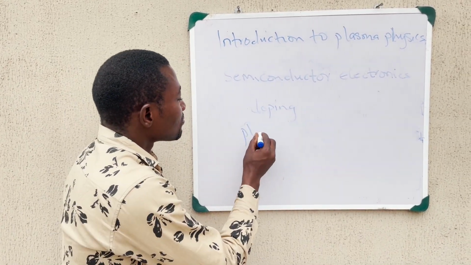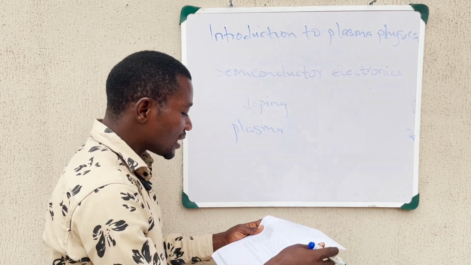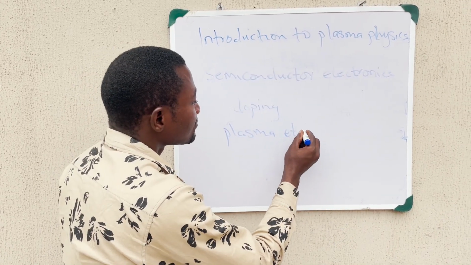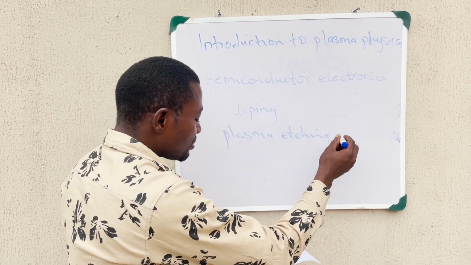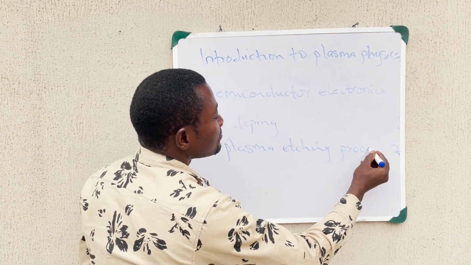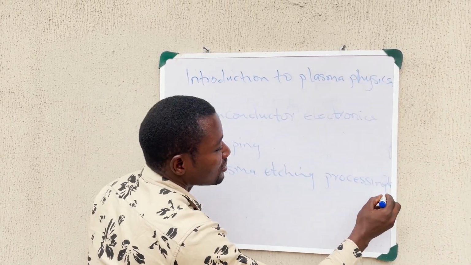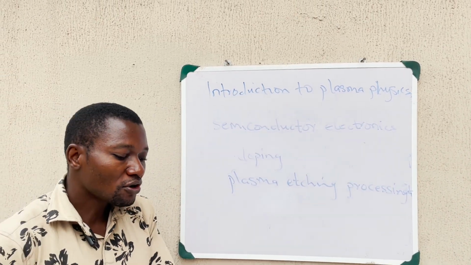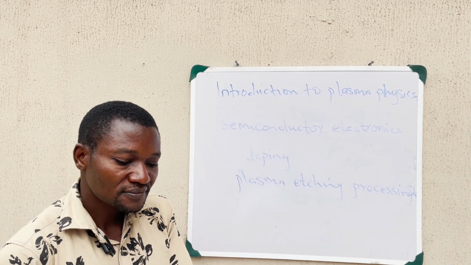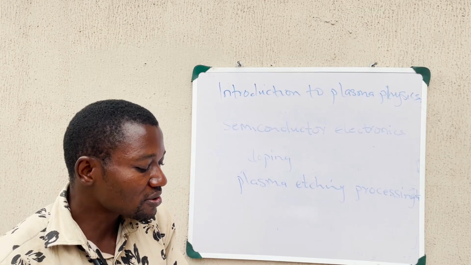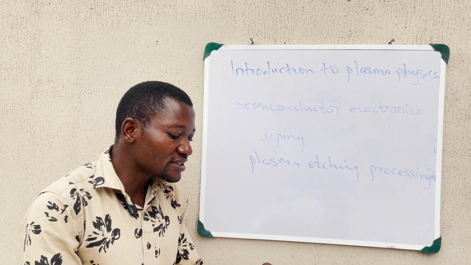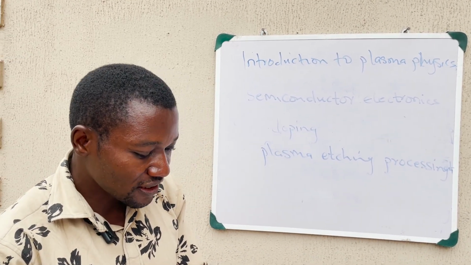For instance, we have what we call the plasma etching process. Plasma etching for microelectronics has become an important technique for producing very tiny semiconductor devices.